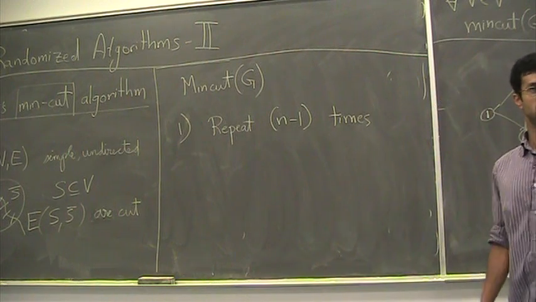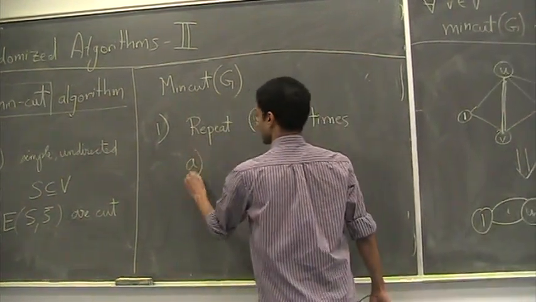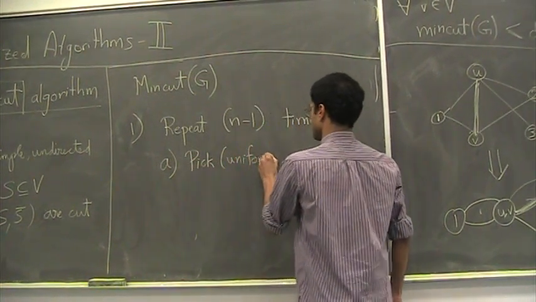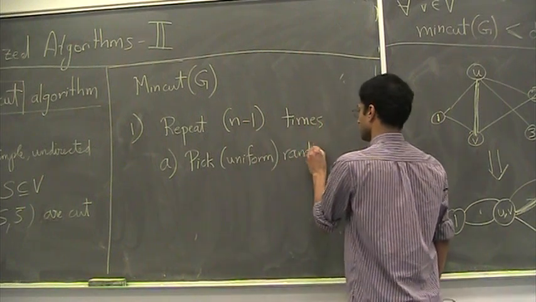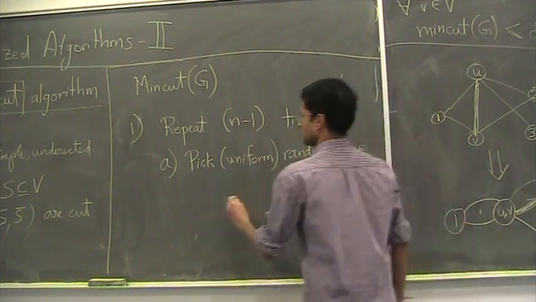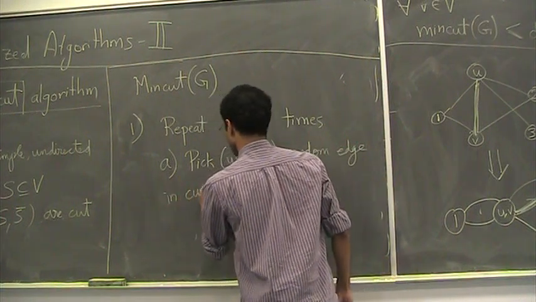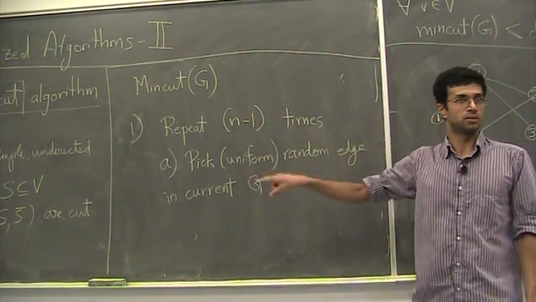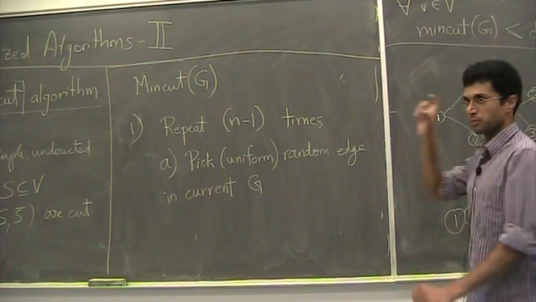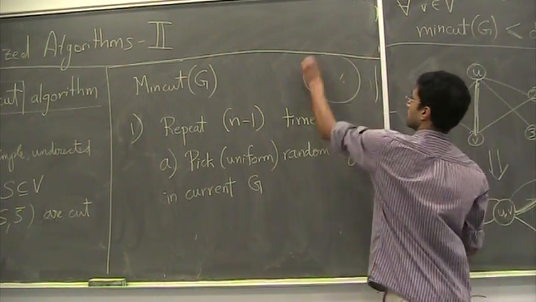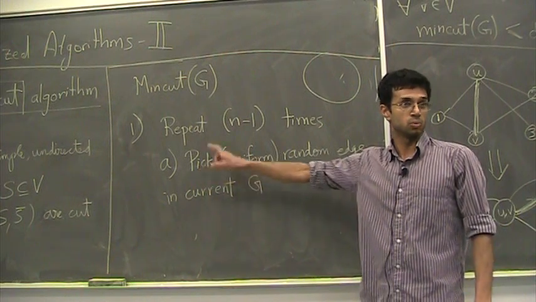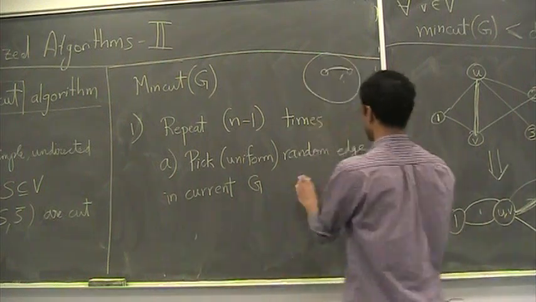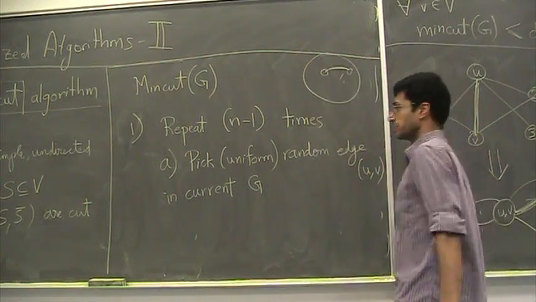And repeat the following process n-1 times. Pick a uniform random edge in the current G. You'll see the G is going to keep getting modified as this goes along. So you're just going to pick a uniform random edge from the graph, right? So you have your graph here, which is a multigraph, because we're going to do contractions. And so you just pick one of these at random, uniform random edge, UV.